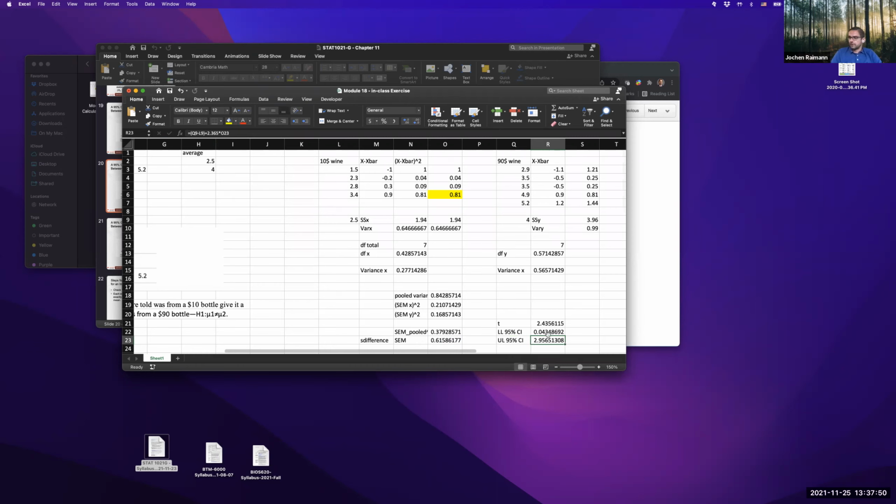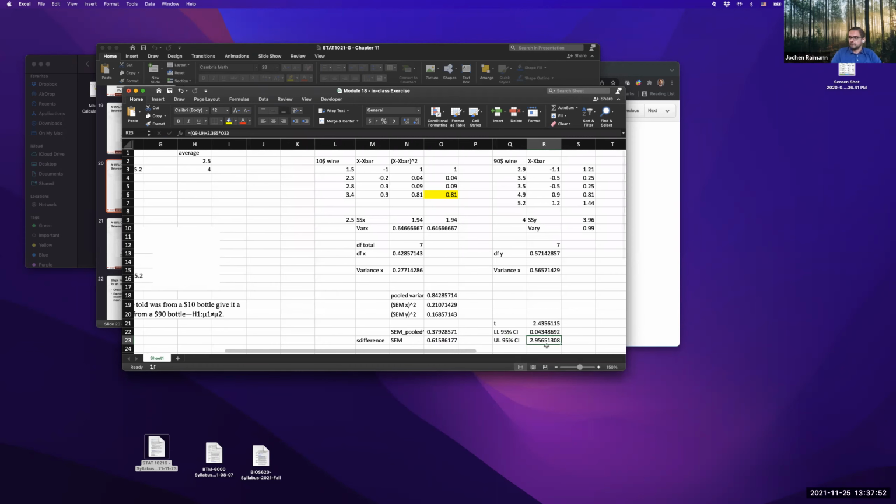So the 95% confidence interval is 0.0443 to 2.96. And I'm showing again the way this needs to be expressed.